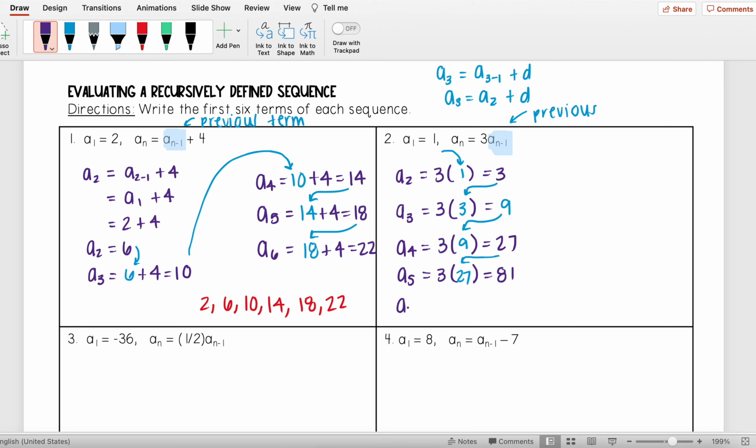And then my last term, my 6th term, is going to be 3 times my previous term, which is 81, to get 243. And so my 6 terms are 1, 3, 9, 27, 81, 243.